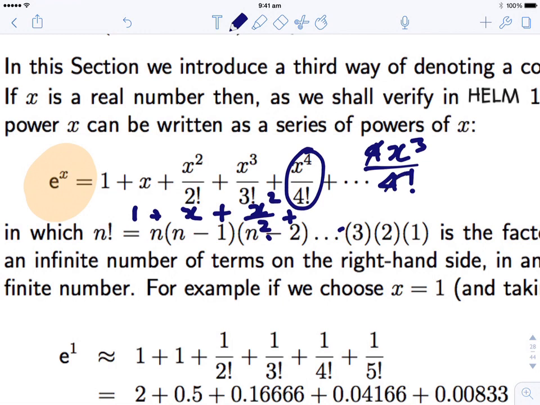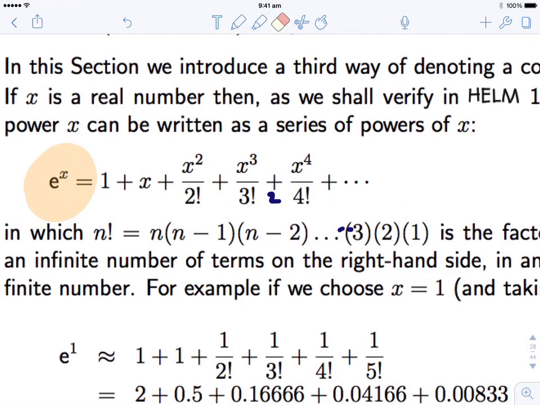You can see the 4 factorials will cancel, leaving you 3 factorial on the bottom. And I can keep going. So you can see that the series expansion for the derivative, just by looking at the right hand side and doing the derivative, we get the exact same thing as the original. So that's another neat proof that the derivative of e to the x is e to the x.